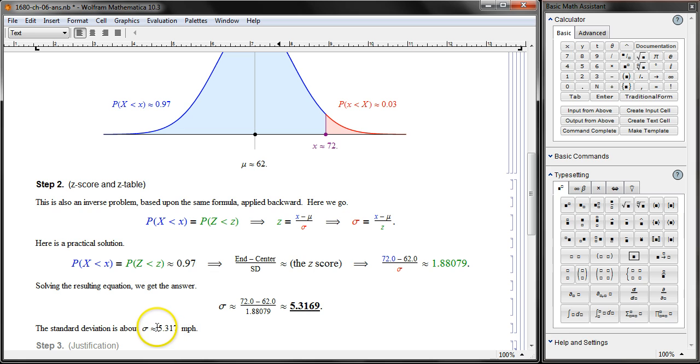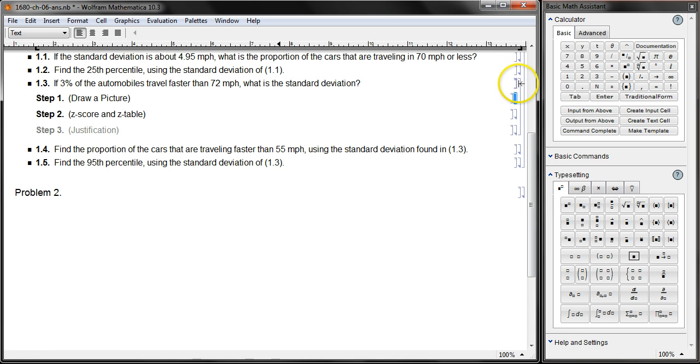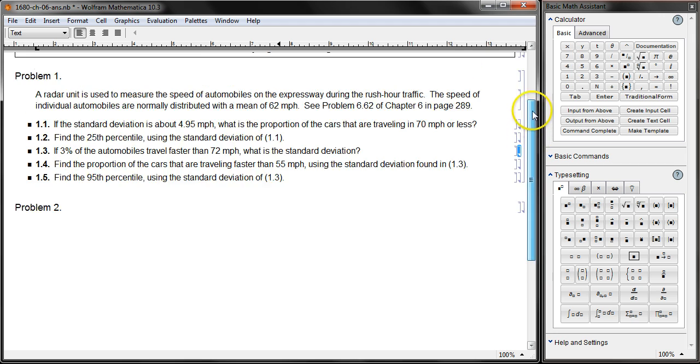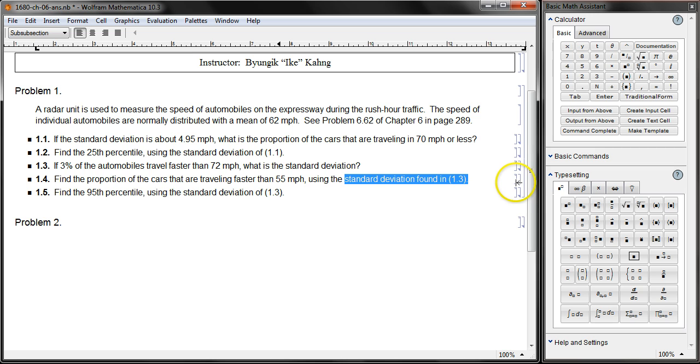Okay, for the next problem, we'll have to use 5.32 miles per hour, or 5.317 miles per hour. Problem 4 said, using the standard deviation found in 1.3, which is 5.317.